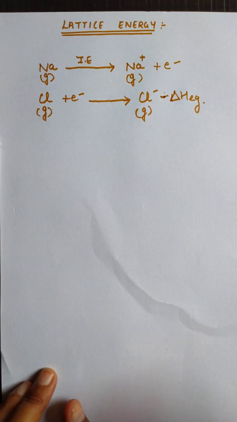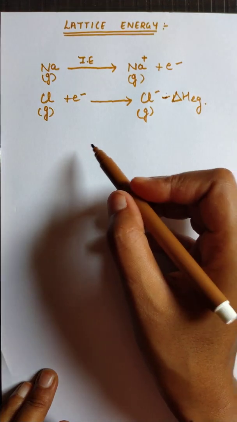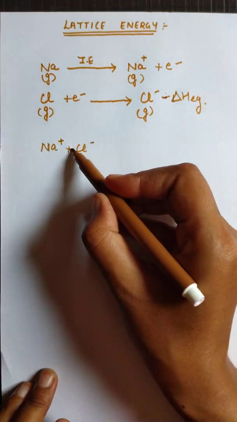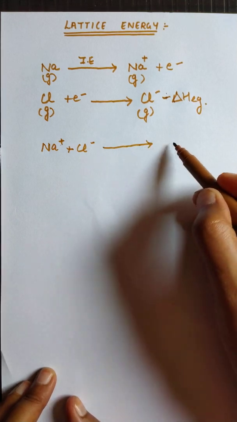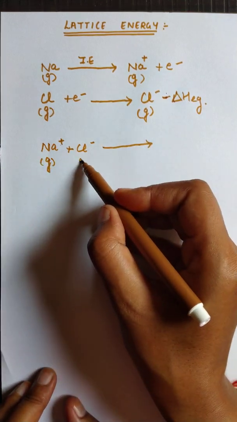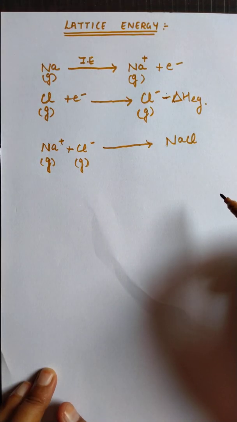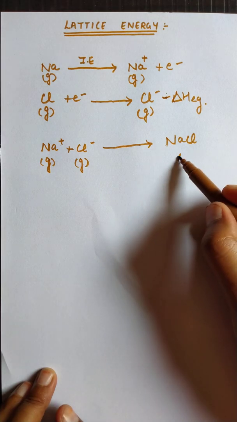So students, what happens when both these ions in their gaseous state combine with each other? They form a solid crystal of NaCl, and this structure will be solid.